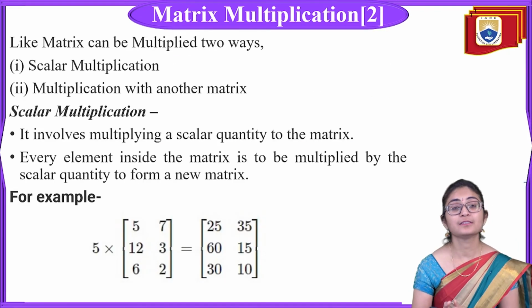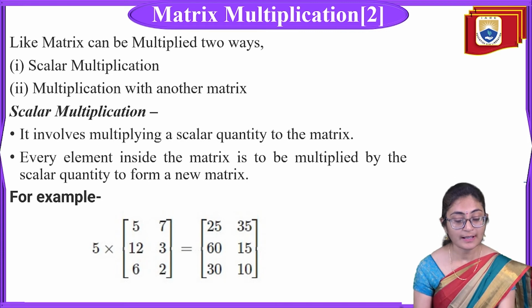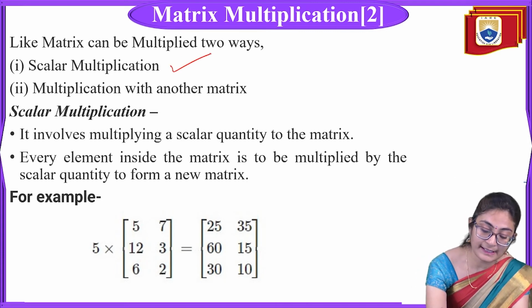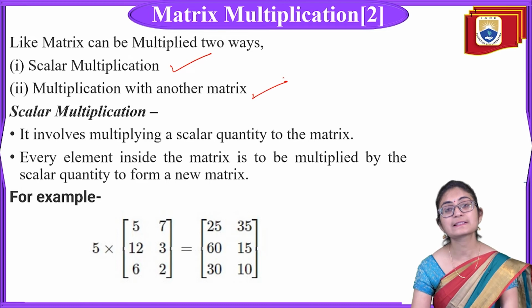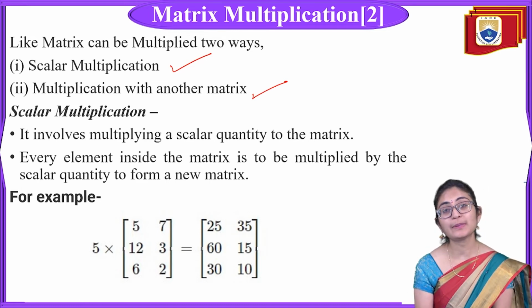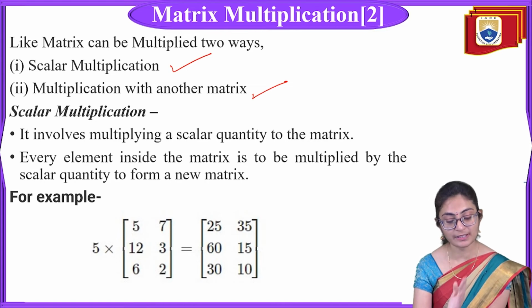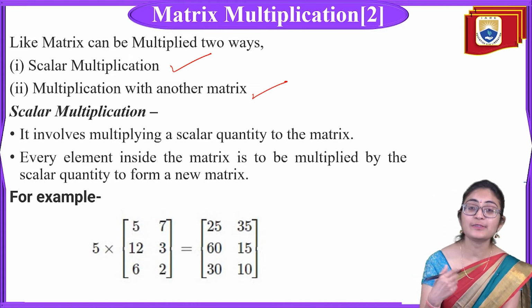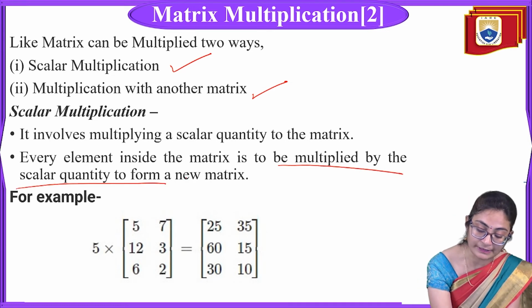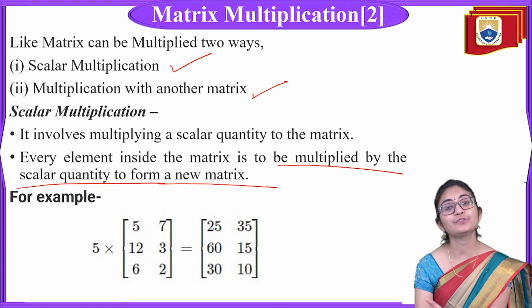Now we will see matrix multiplication. A matrix can be multiplied in two ways: scalar multiplication, or multiplication with another matrix. First is scalar multiplication. It involves multiplying a scalar quantity with the matrix, and every element inside the matrix is multiplied by the scalar quantity to produce a new matrix.